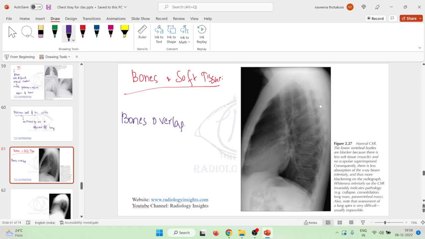One important thing is that the lower vertebral bodies look blacker when compared to the upper vertebral bodies, because in the upper vertebral bodies there is soft tissue superimposition, whereas in the lower vertebral bodies there is less soft tissue superimposition. And because of the rays, the absorption of rays inferiorly is less when compared to superiorly. As a result, the upper part appears whiter when compared to the lower part, which appears darker.